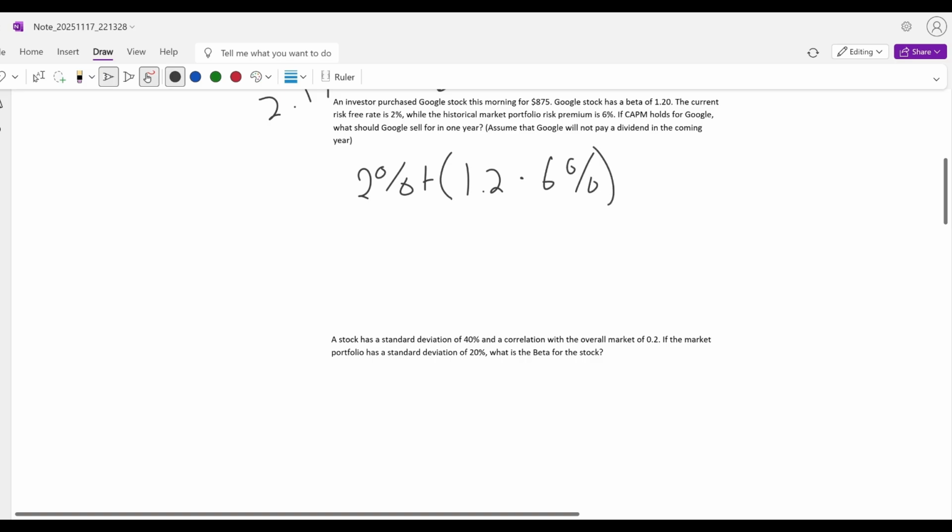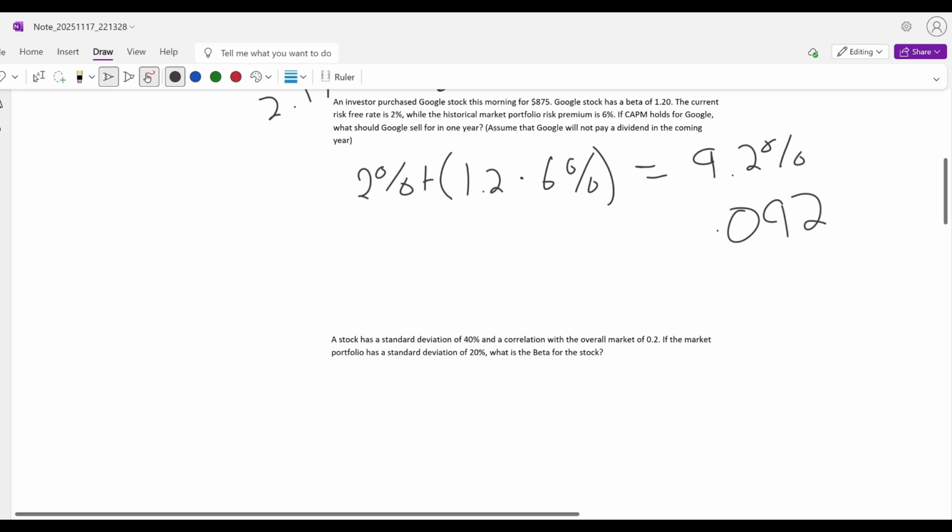And if you put that into a calculator, you will get 9.2%. I have all my notes with me, that's why I'm doing it quickly. And so what that means is with that 9.2%, which is also 0.092, you can measure what the stock is supposed to be versus what you predicted it to be.